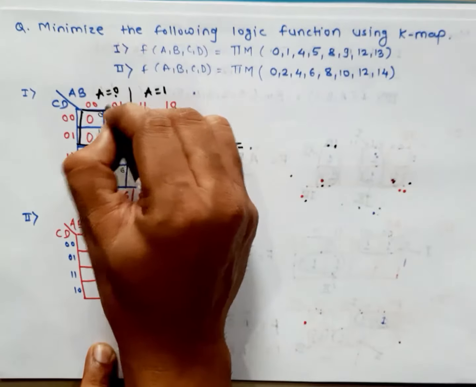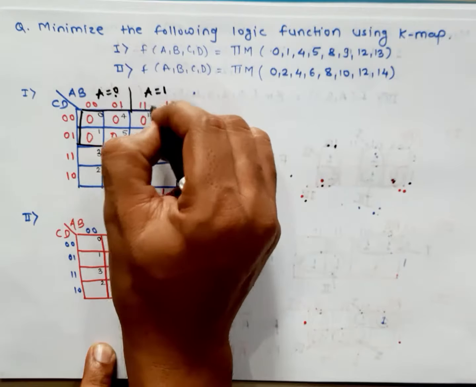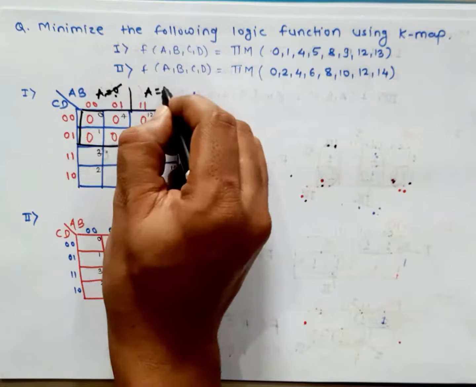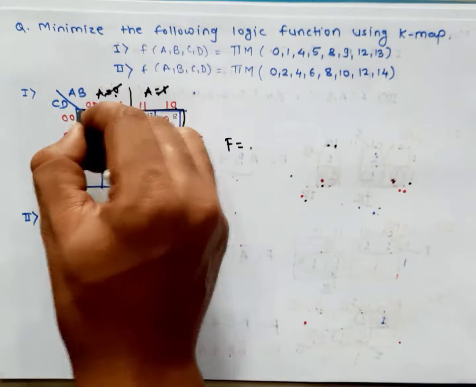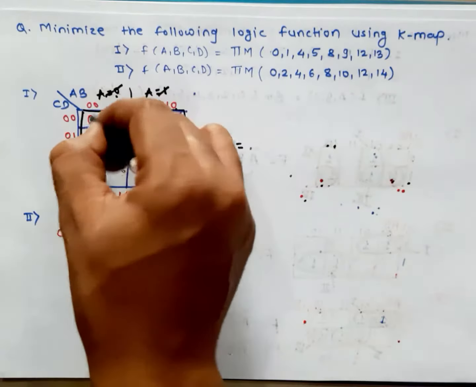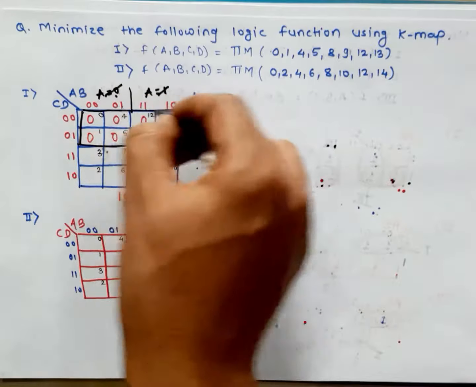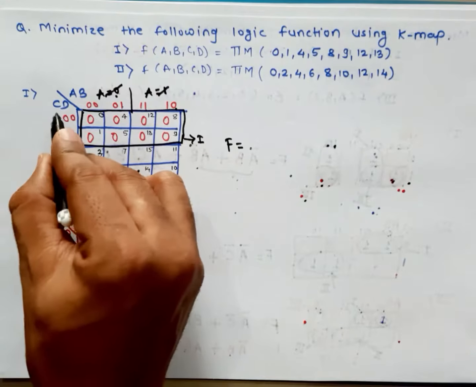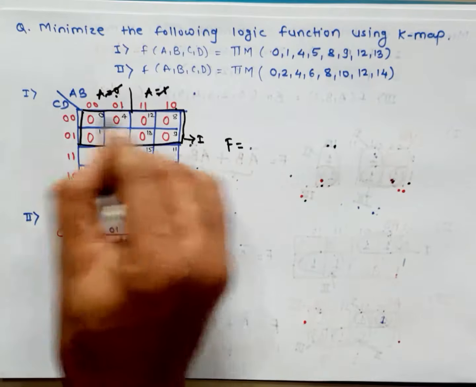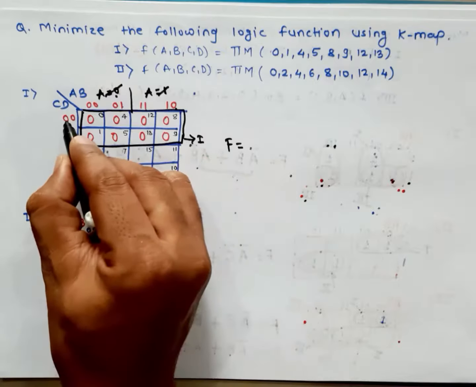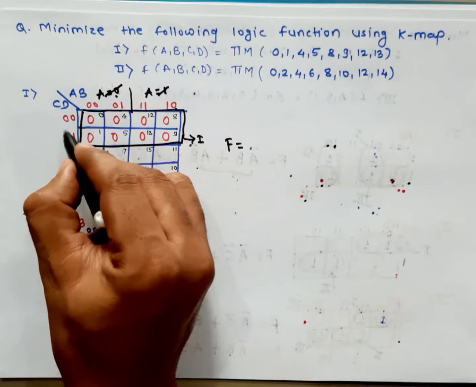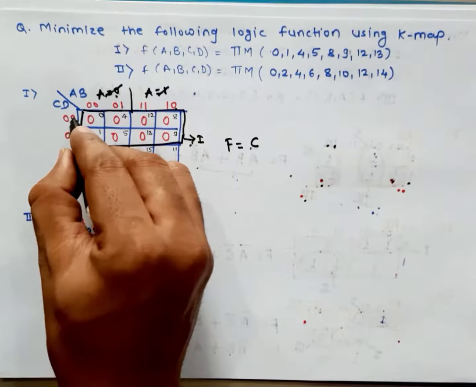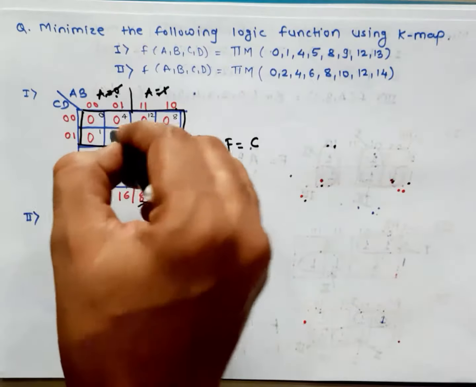Again for first 2 columns A is 0 and for next 2 columns A is 1. So what happens? A gets eliminated. So both variables A and B get eliminated because this is a horizontal group and all 4 columns are considered. Now remaining variables: only 2 rows are considered, so the value of C in both cases is 0 and D is 0 and 1, so D gets eliminated.